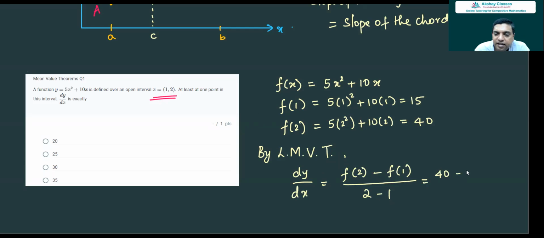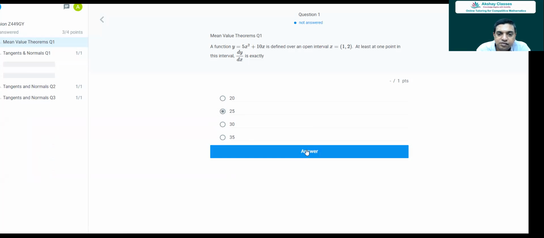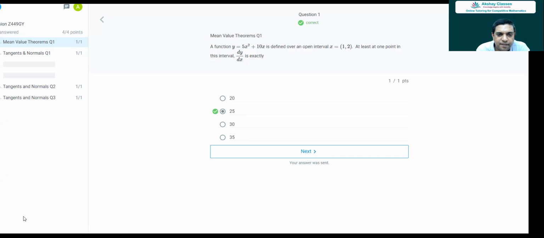So we get 40 minus 15 by 2 minus 1, which is 25. This is the answer. 25, this is the correct answer.